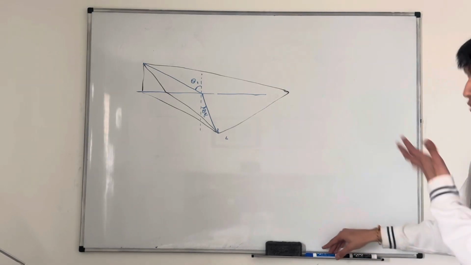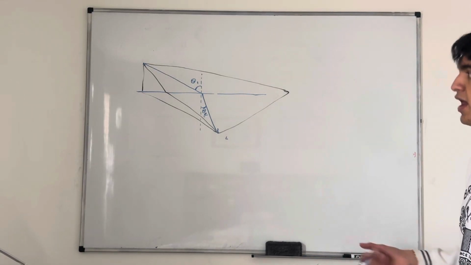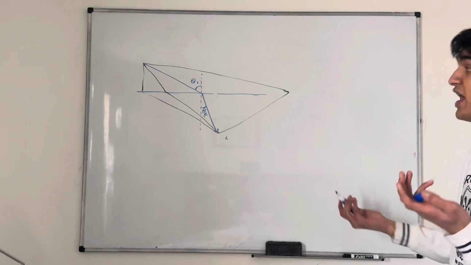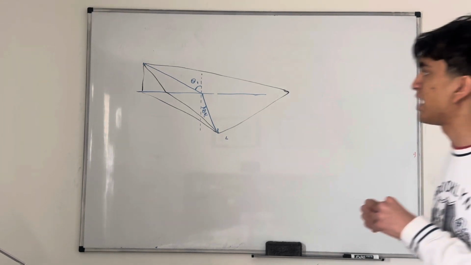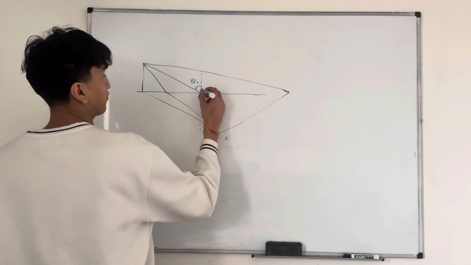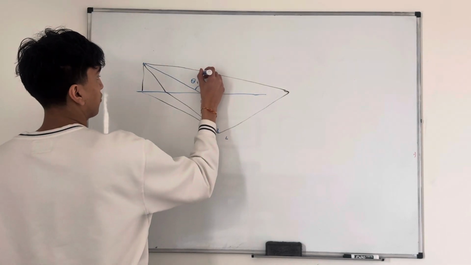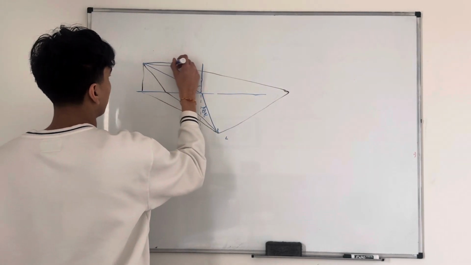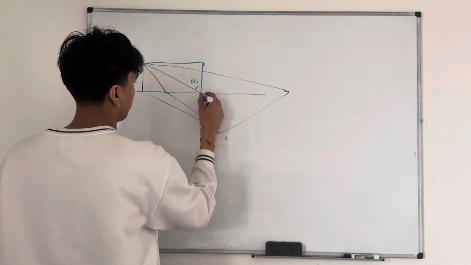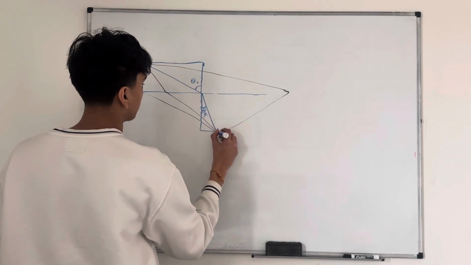So suppose there is a path of shortest time. For any path, you can imagine creating some right triangles, a right triangle like so, and a right triangle like so.